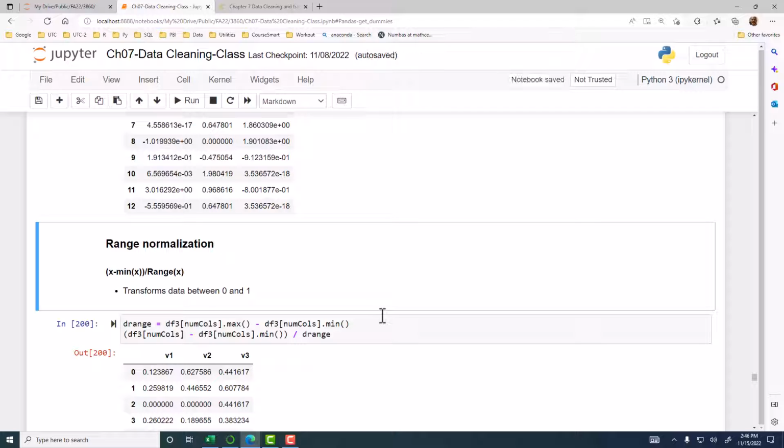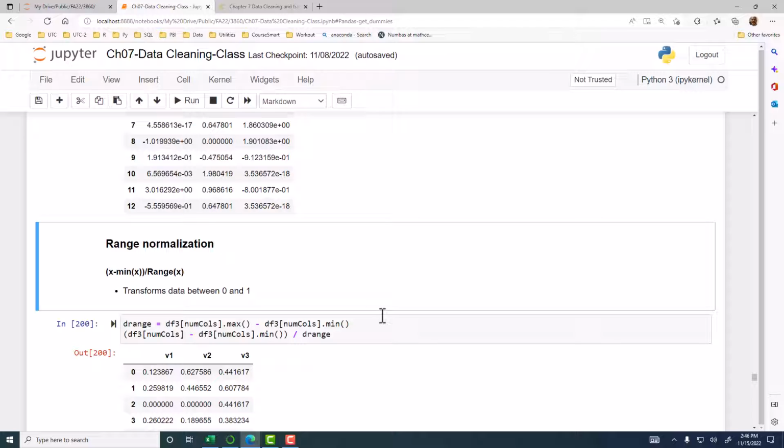So if you take each value and subtract the min value of the column, the smallest value will have a 0 in the numerator because you're doing x minus min. So if x is the min, then you get 0 at the top. So that would be the smallest normalized value, 0. Right? And then you divide by the range.